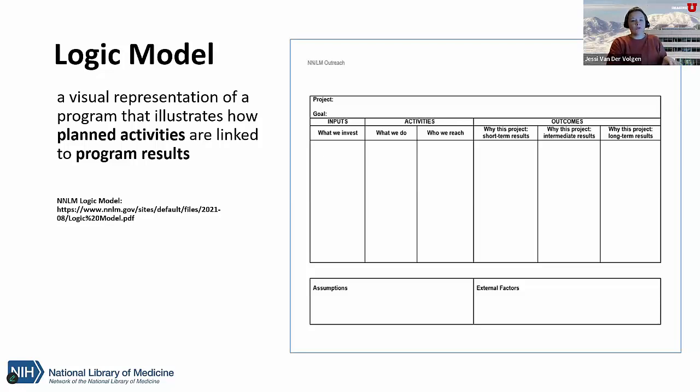Short-term focuses on what will occur as a direct result of the activity, such as changes in knowledge or skills or attitudes. You may also fill in assumptions about the beliefs or the environment and the community. External factors can include the positive and negative influences, the culture, the economics, the politics, demographics of the community, and I think both of those should be confirmed before implementing the program.